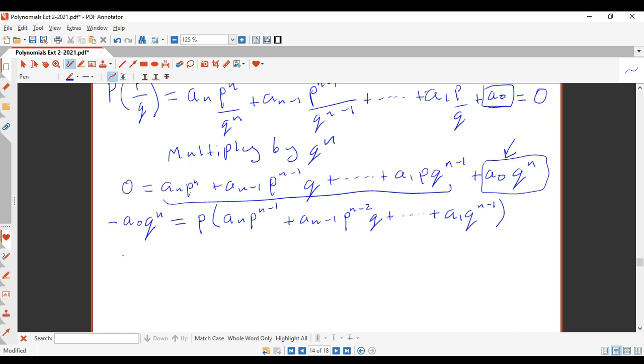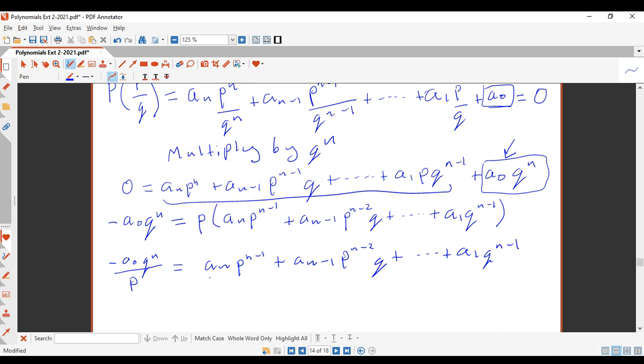All right, so we can then divide both sides by p, can't we? And if you like, let's have a look at this. Minus a_0 q^n divided by p is equal to a_n p^(n-1) plus a_(n-1) p^(n-2) q plus dot dot dot plus a_1 q^(n-1).